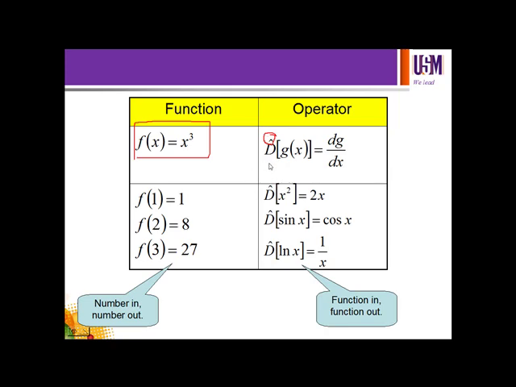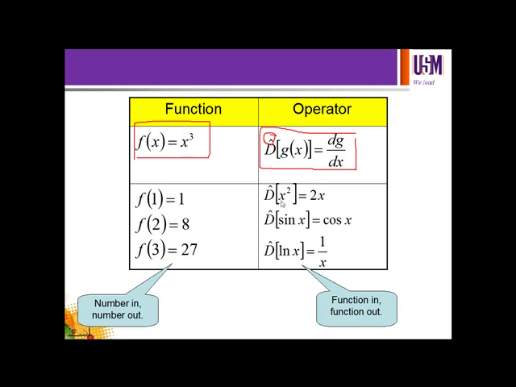Let's say an operator D here, acting on g, and g is a function of x. Basically, this is equal to dg per dx. If this is the rule of the operator, that means operator D on g(x) is equal to dg per dx.